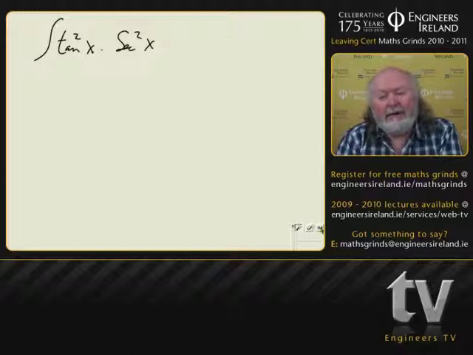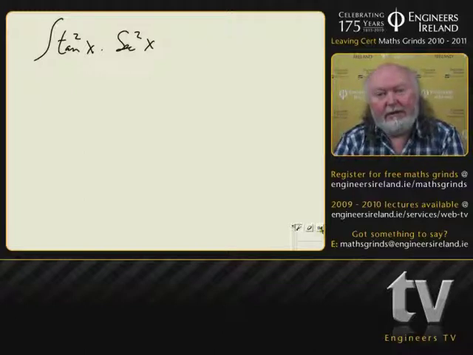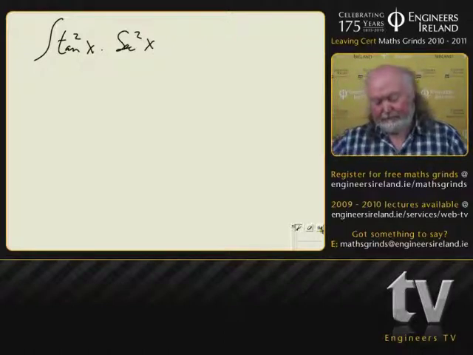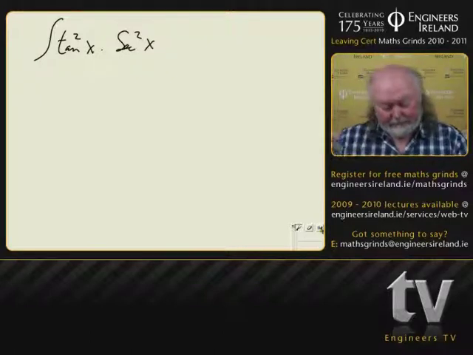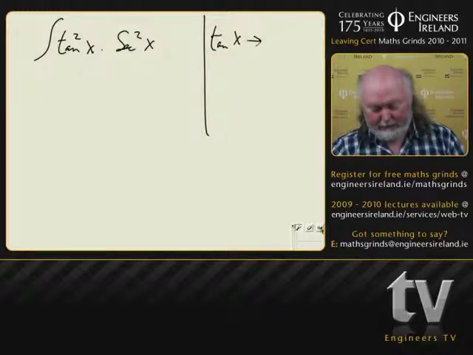So what do we do? How do you know which side you should let equal to the u and which side will go to forming the du? You appeal to the rules for differentiation. Now we know when we differentiate tan x, you get sec squared.